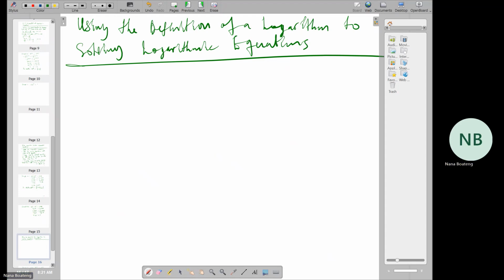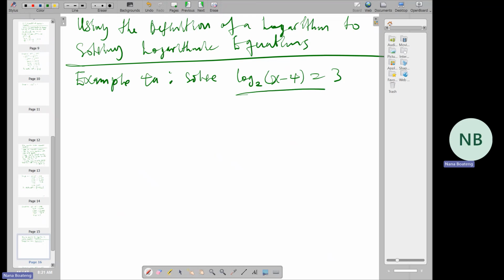So let's use an example to begin. So this will be our example for a, and it says log to the base 2 of x minus 4 is equal to 3. So here we are going to use the definition of logarithms, or the interchangeability of a logarithm to an exponential form to solve this.